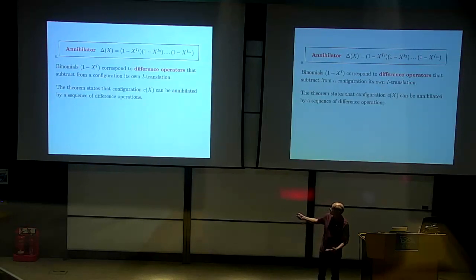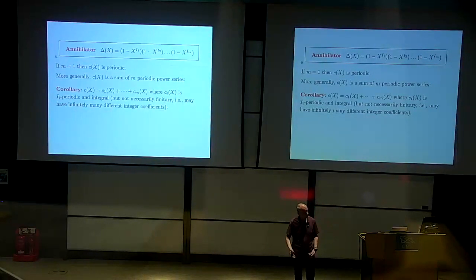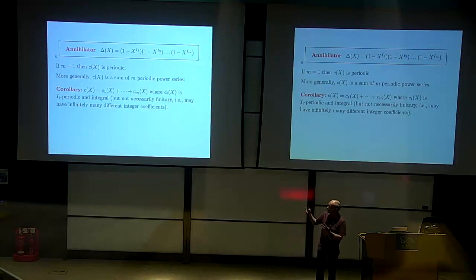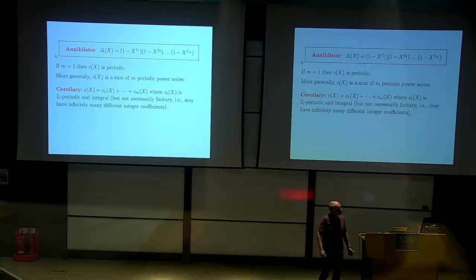Each time you do the shift and subtract, you are multiplying with one of these guys. If m here would be 1, that would mean that your configuration was periodic, because in one single step, shift and subtract, you get zero. So this is a generalized form of periodicity. You don't get zero in a single step, you have to do multiple repetitions of that operation to get a zero configuration in the end.